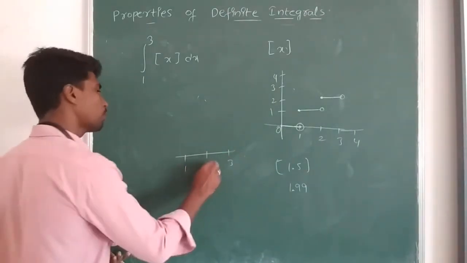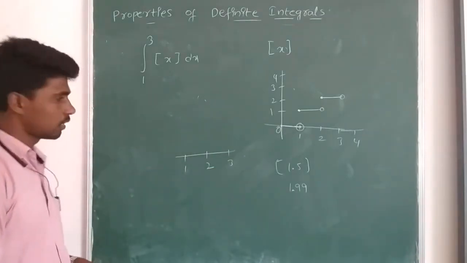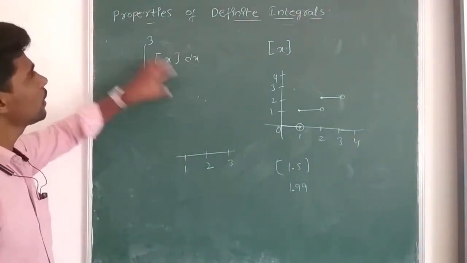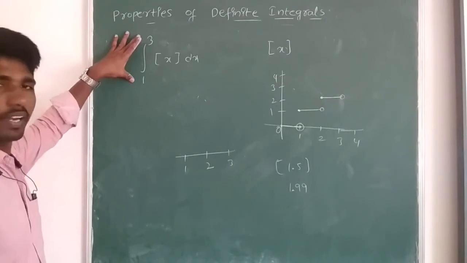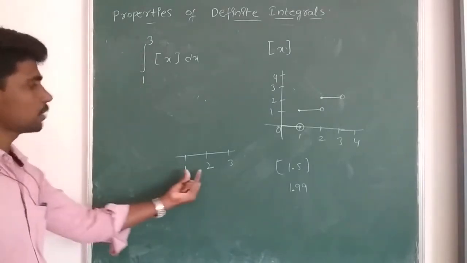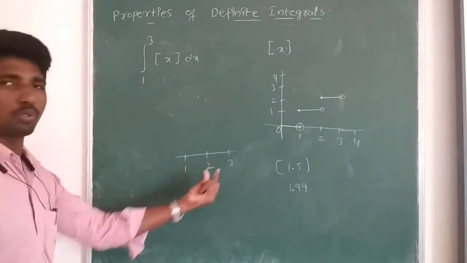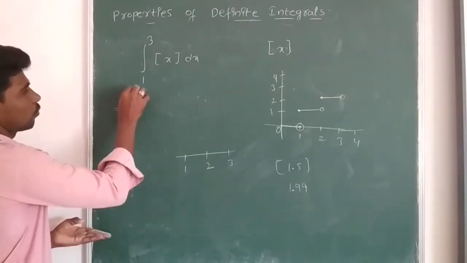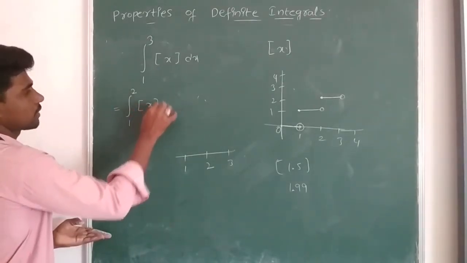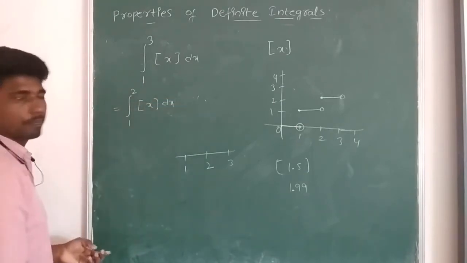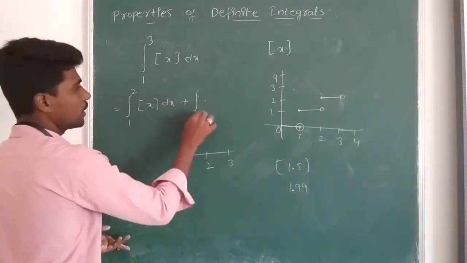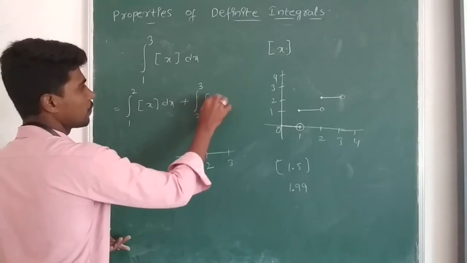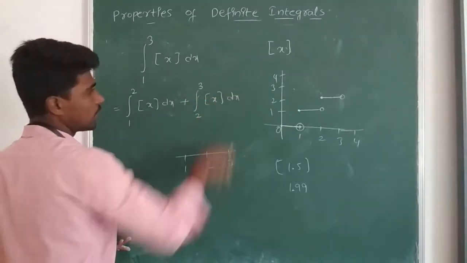So we have only one point of discontinuity. The entire interval is divided into two parts: the first part is 1 to 2 and the second part is 2 to 3. So it is the integral 1 to 2 of step x dx plus the integral 2 to 3 of step x dx.